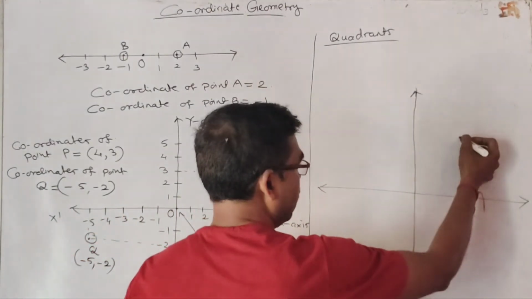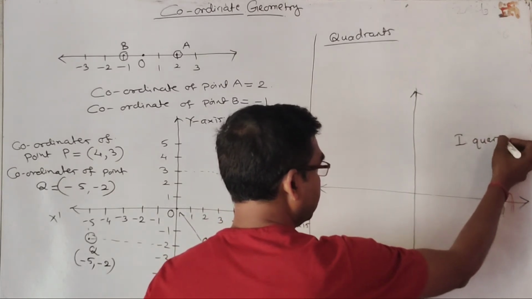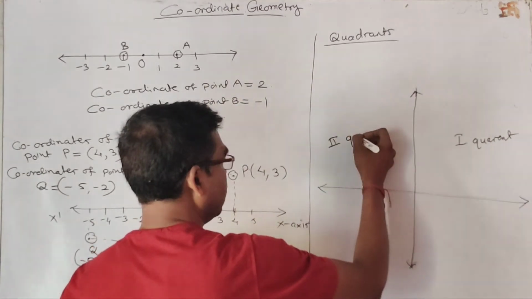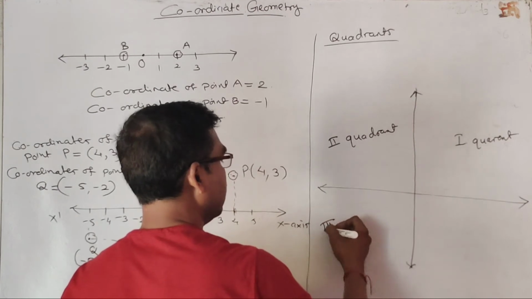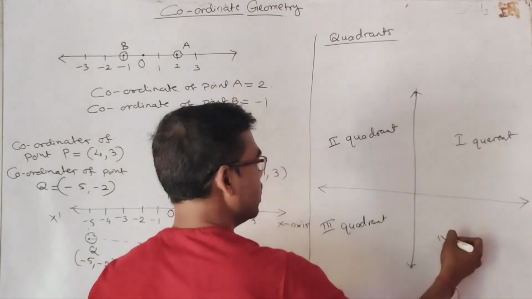That is, this is first quadrant, this is second quadrant, this is third quadrant, and this is fourth quadrant.